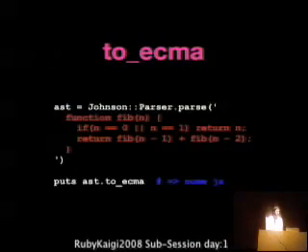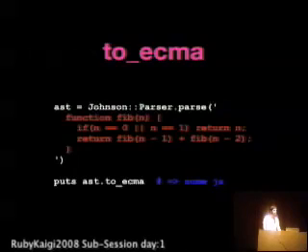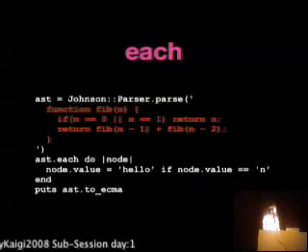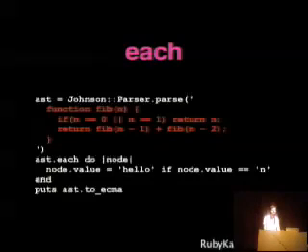But that might be too difficult, so I've also provided an each method. This lets you iterate over each of the nodes in the AST. So this particular example takes all values that are equal to n and changes them to hello and outputs the JavaScript again.